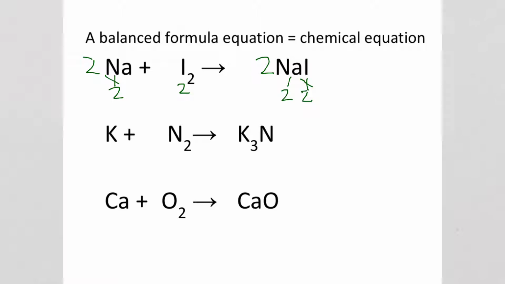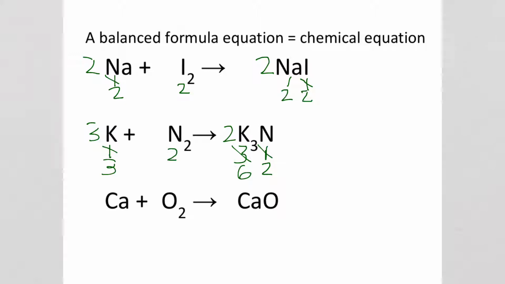Potassium, I see a similar conundrum over here. I have 3 on the right, and I only have 1 on the left, so I'll need to put a 3 in order to be balanced there, also for 3. Left, I have the nitrogen, 2 on the left, only 1 on the right, so I need to make that a 2. That's going to change also my potassium, because 2 times 3 is 6.